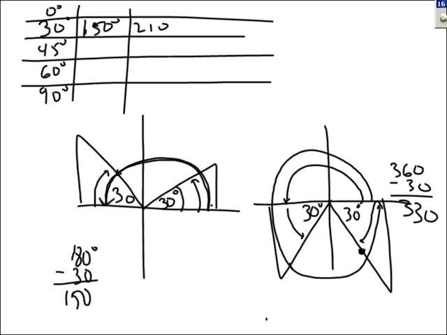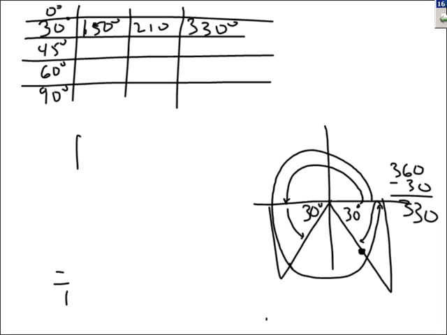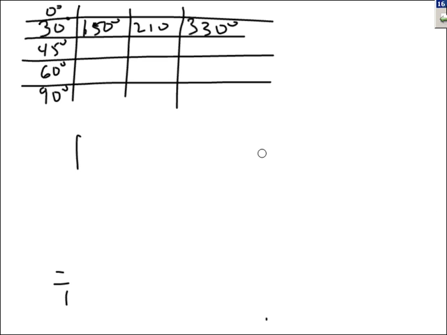That gives us 330. Okay, and having these numbers in front of us is very important to do the next set of exercises. And in front of us can even mean just in our head.